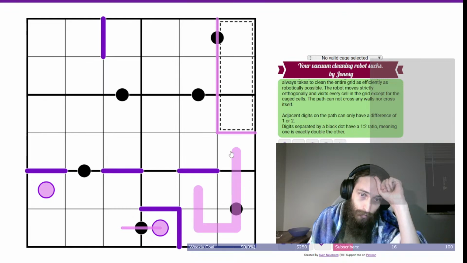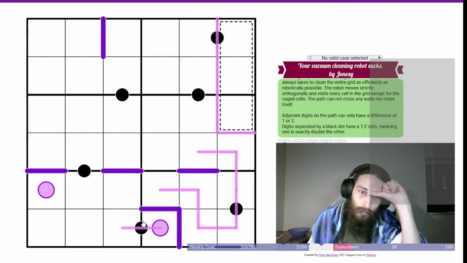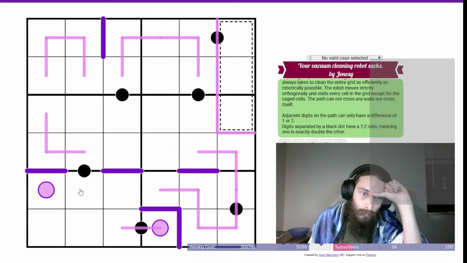And if it has to go through here, and then this is the ending path, but it has to go through here, so it's going to have to go like that. And if it connected there, it would already be done, so we know it doesn't do that.